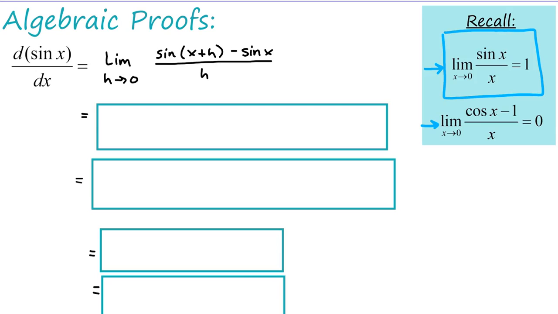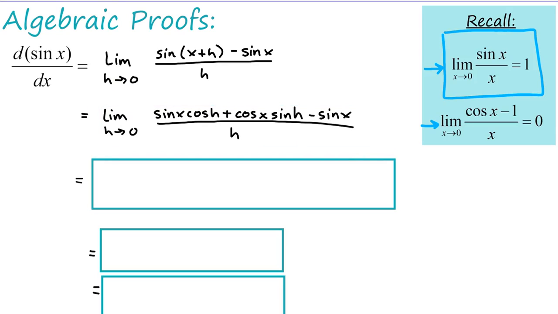Now, in this proof, we use a trigonometric identity that perhaps last year you didn't get a chance to see, because due to the pandemic and the very abbreviated learning we did at the end of pre-calc, you might not have seen all of the trig identities that you were typically supposed to see.